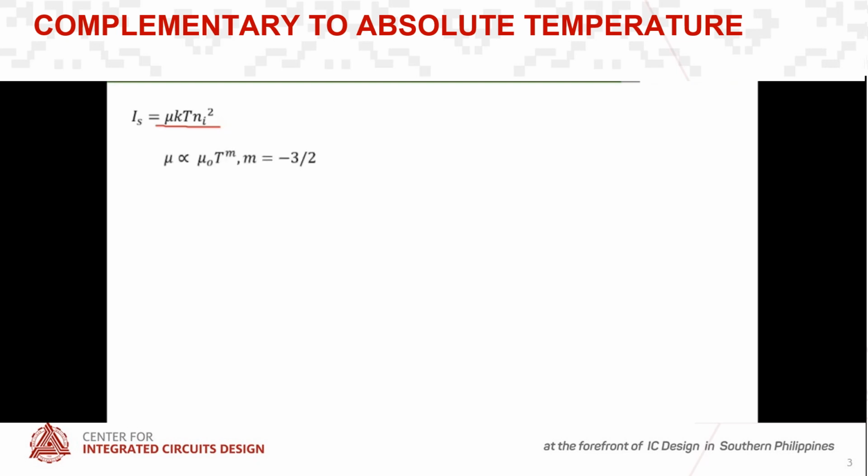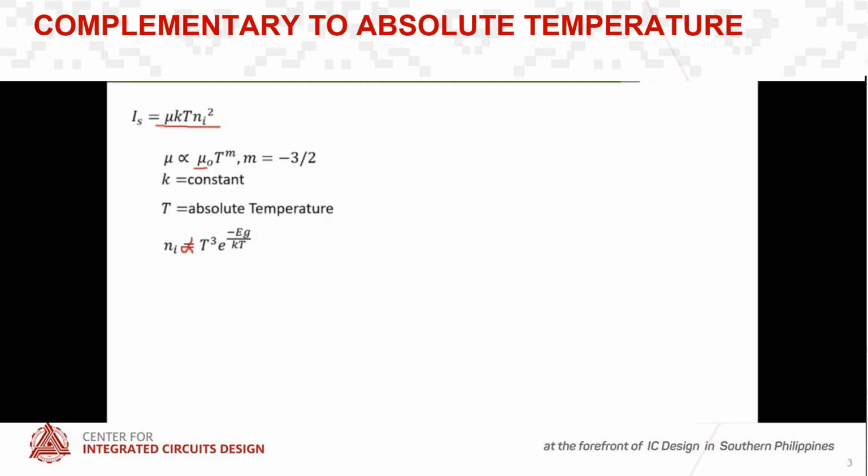With that, our mobility mu is proportional to mu sub o times T raised to the power of m, where m is equal to negative 3/2. And next is our k constant, T the absolute temperature, and Ni, which is proportional to T cubed times e raised to negative Eg over kT.